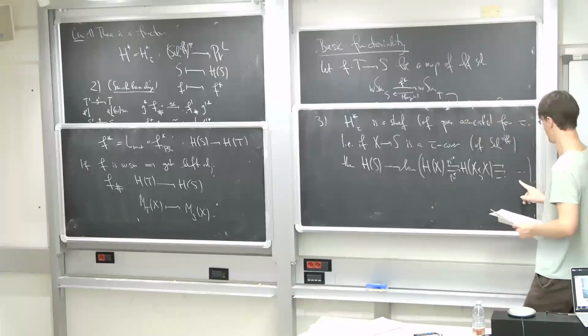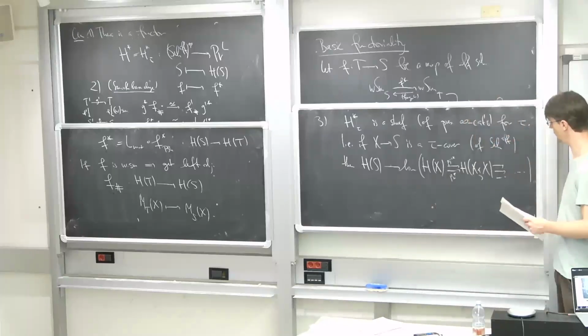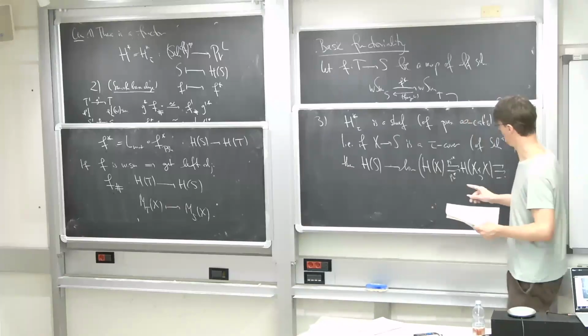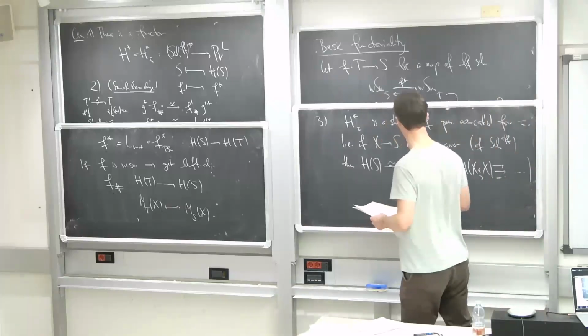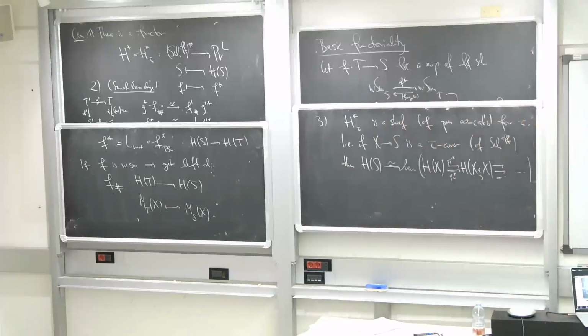I emphasize you have to keep going. It's not possible to cut it out because it's an infinity category. But if you are willing to do that, then you have this equivalence. So it's a sheaf of such categories.